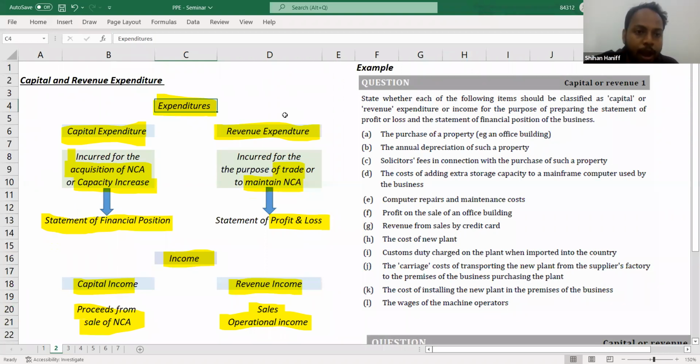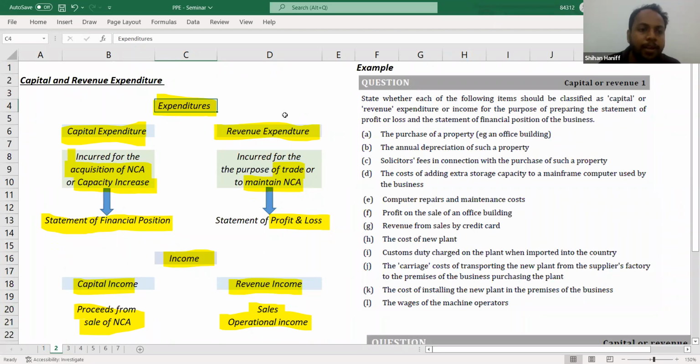Now, let's say you have a land, right? Then you have a building on that land. So you expand the building, or maybe you build a separate unit or a reception area. You are developing a reception area. So that will increase the capacity. Okay, let's say you are painting the building.